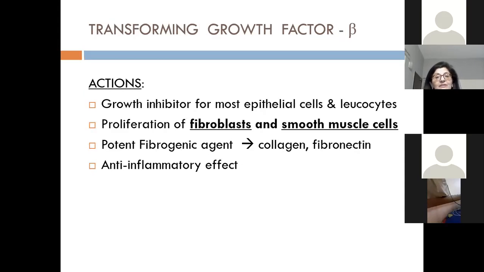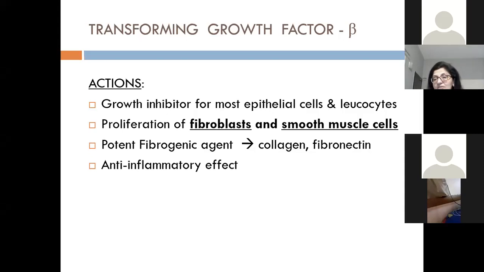Transforming growth factor beta. The alpha, we lumped with the epidermal growth factor. Beta is separate and its action is opposite to that of alpha. So this is an inhibitor for most epithelial cells and leukocytes. That one was proliferating the epithelial cells. Beta is inhibiting most epithelial cells, but it causes proliferation of fibroblasts and smooth muscle cells. It's a very potent fibrogenic agent.